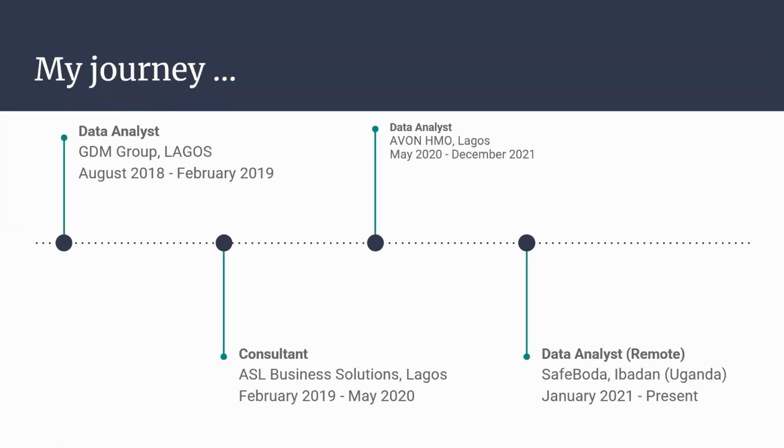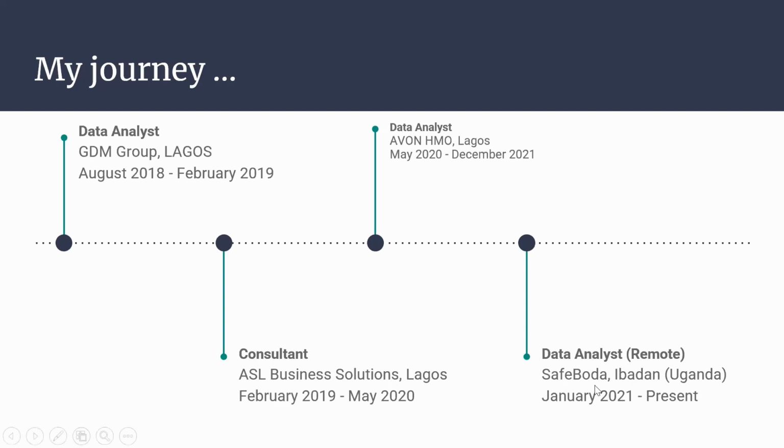My journey so far as a data analyst: I started in 2018 at GDM. That's where I got hands-on experience in data analysis. I had to do a lot of data collection there. From there, I became a consultant and engineer at ASL. I did a lot of engineering there and consulting missions. Afterwards, I moved to Avon HMO as a data analyst again.